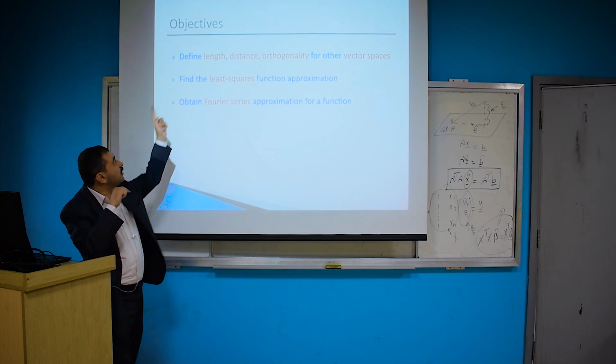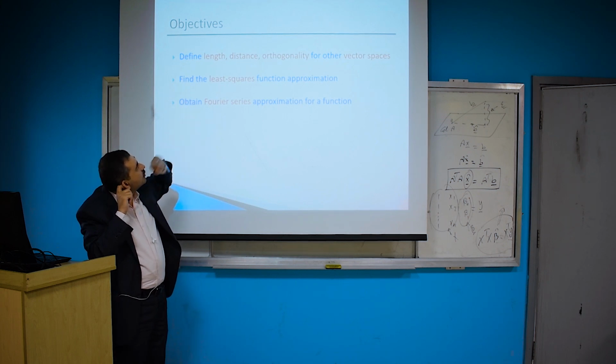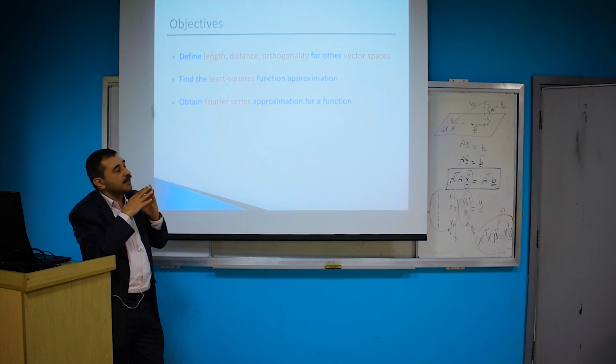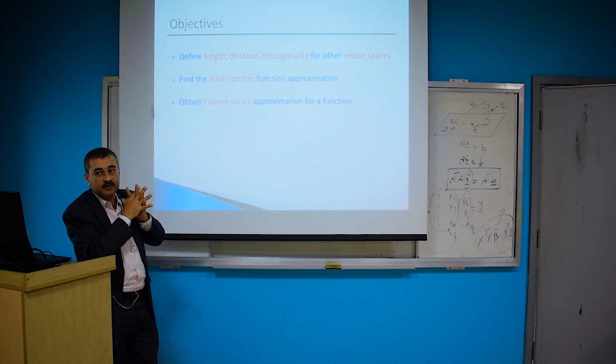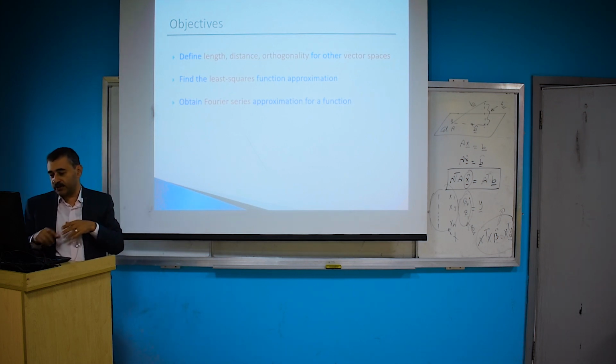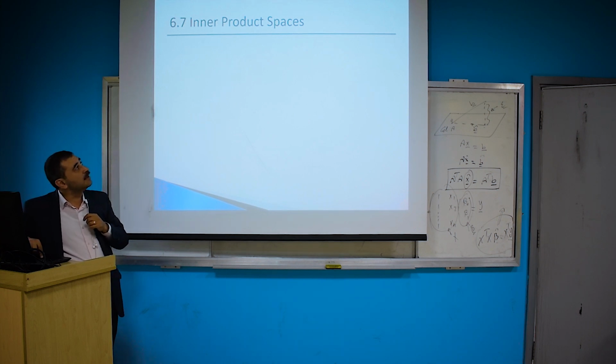If you remember, all the above terminology here, length, distance, orthogonality, are defined in Rn and can be written in terms of the dot product or inner product. So we use the same notation here for other vector spaces to define a general inner product between vectors in any vector space.